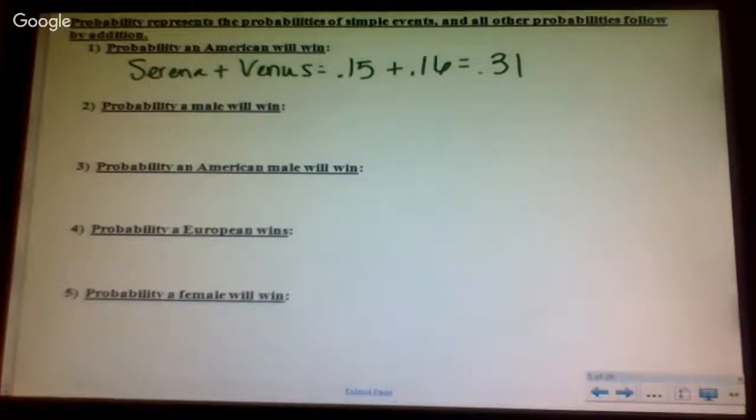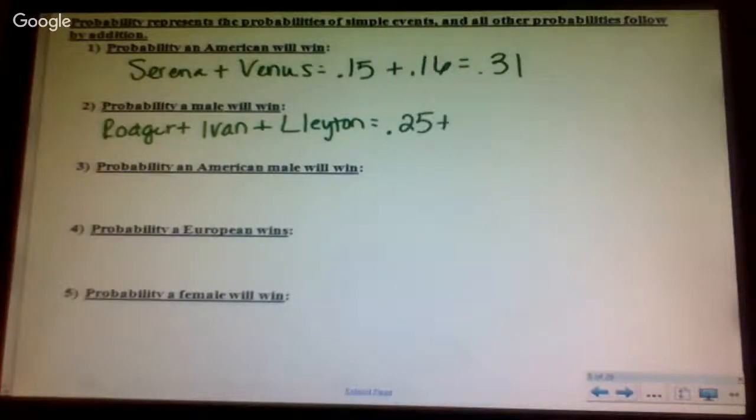What about the probability of a male? Who are my males? Roger, Ivan, Layton. Okay, so Roger is 0.25, plus Ivan, 0.16, plus Layton, 0.20.